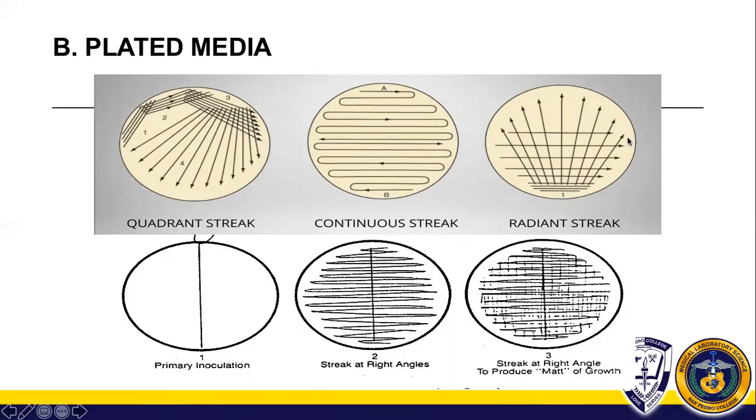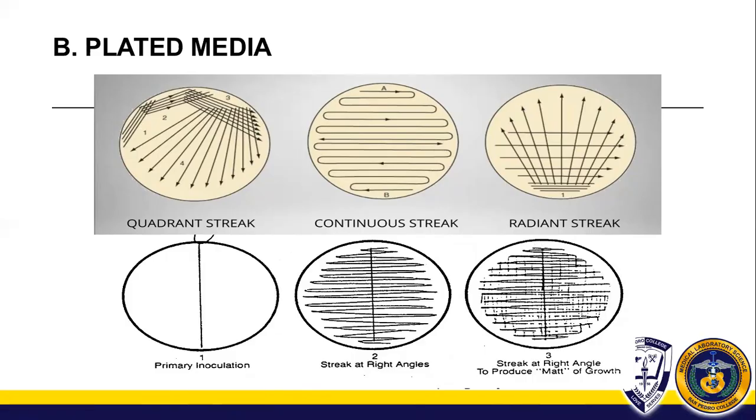In MH agar or Mueller-Hinton, we use this to perform sensitivity testing. So when we do so, we inoculate on the entire surface area to produce a map of bacterial growth.